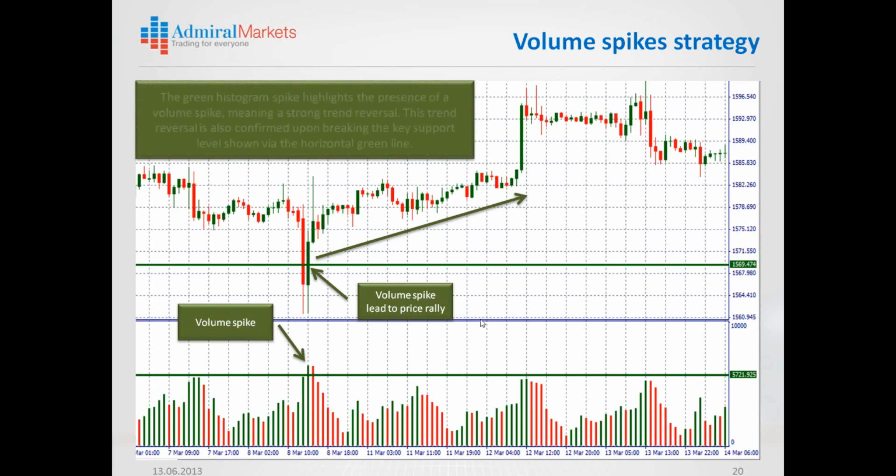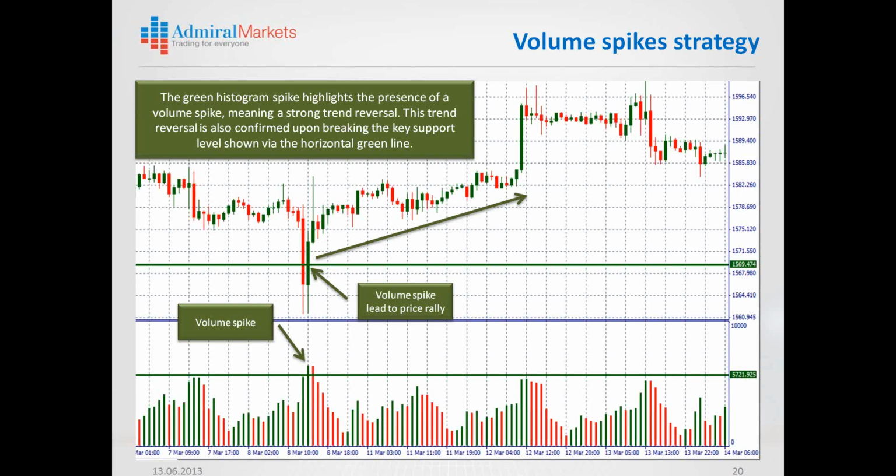But it's most useful to enter on the first spike to the upside or to the downside, just because that is usually a false move. And if you lose, you won't lose much, because you are buying into support and selling into resistance. If you sell into support, then that is the time where you can lose much. But if you are buying into support, even if you lose, you won't lose much.